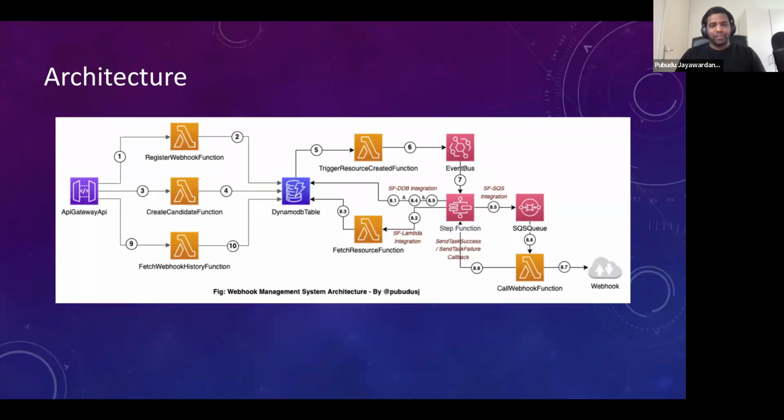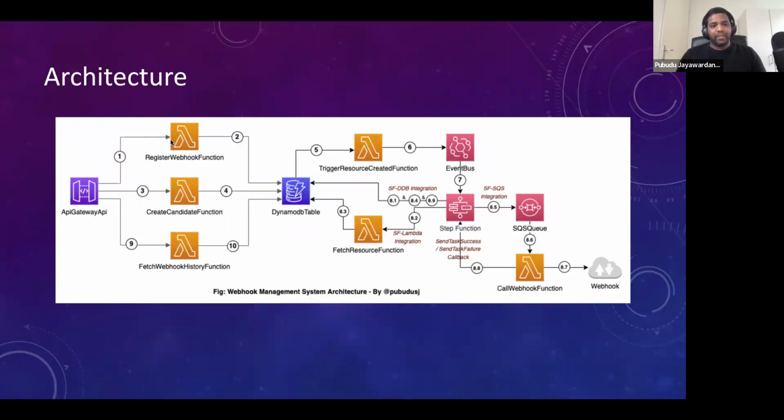Okay, let's discuss the architecture. So here, first, the webhook is created. How it works is a company ID needs to be provided along with the webhook URL. And with that API, within this Lambda function, it first generates a random token, which will be used to authenticate the webhook call in the third-party application here.